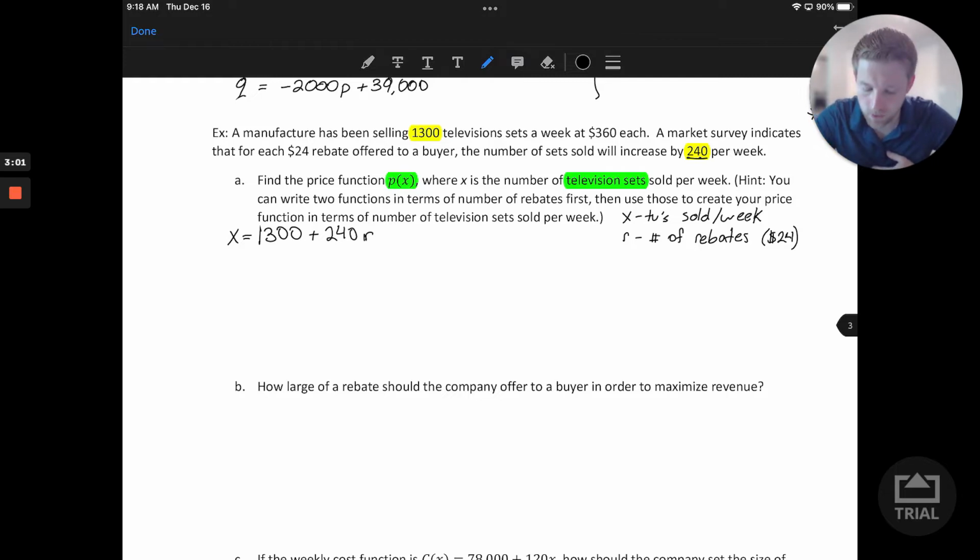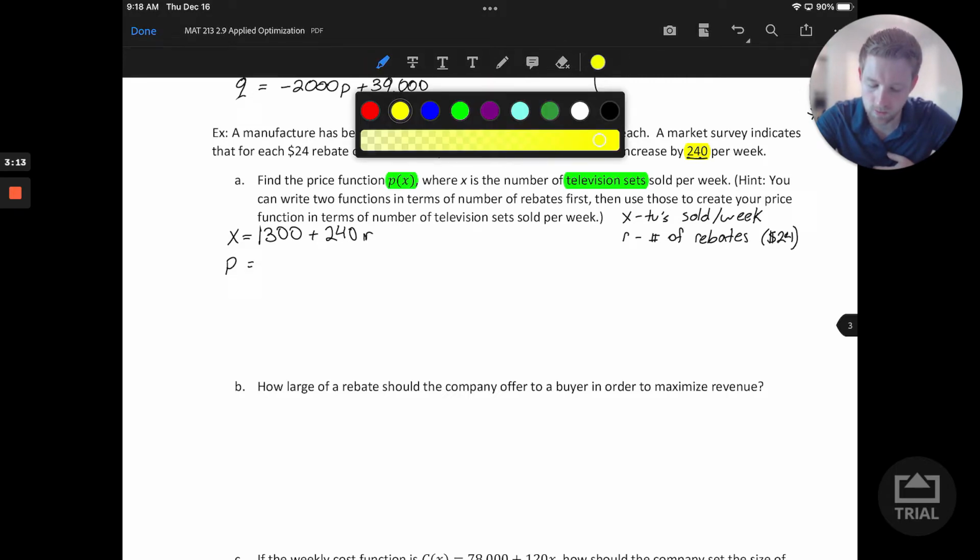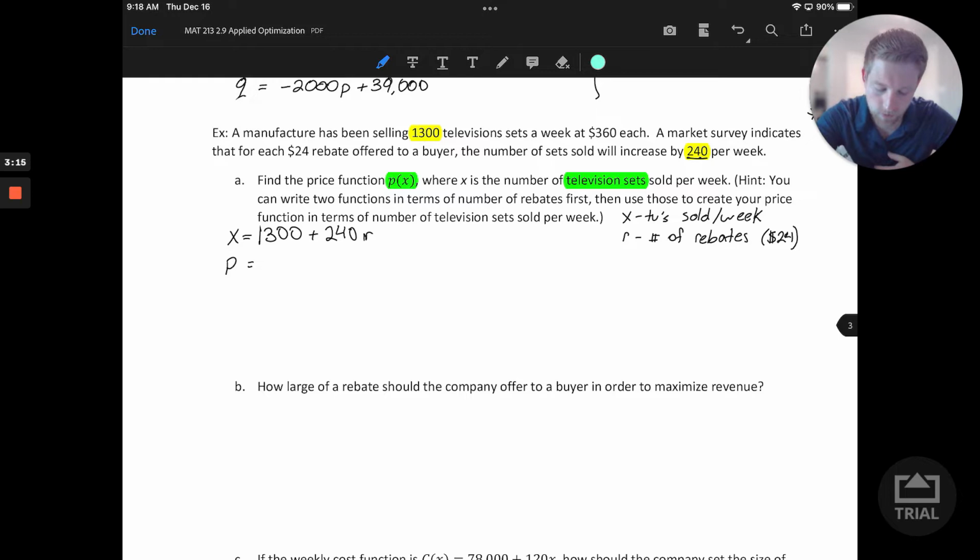The next thing we could do is a price equation. The price is currently sitting at $360 per set. And for each rebate, we're going to discount the price by $24. So those two items we can pair up with a price equation.